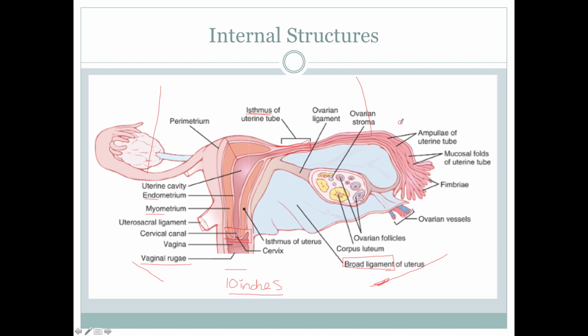It shouldn't be bigger than this because it's really only meant to allow the passage of sperm, or of an egg cell. Which means if there's anything that causes narrowing of that, either on purpose or because of inflammatory issues, there's not going to be a transit of sperm or egg.